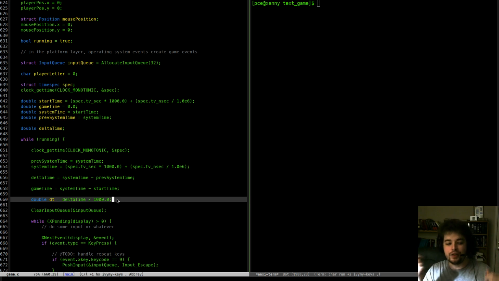Well, the numbers are smaller if our delta time is much smaller. If you're moving 1 unit times delta time, and delta time is 16, then every frame you're really going to move 16 places. Whereas if delta time is very small, it's a smaller number. It's easier to think about that and keep our units reasonably small.